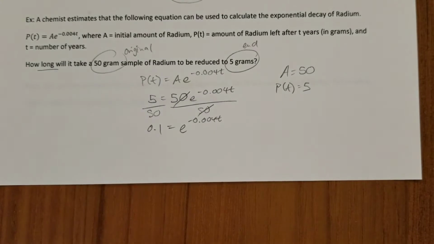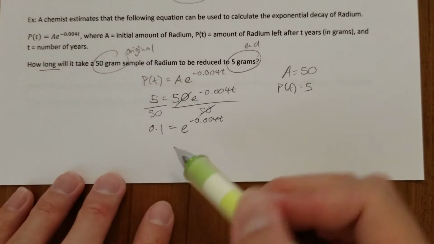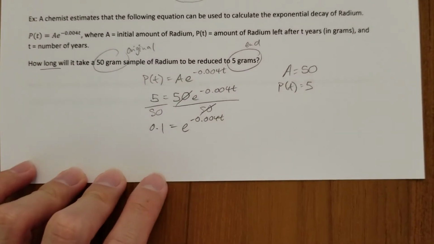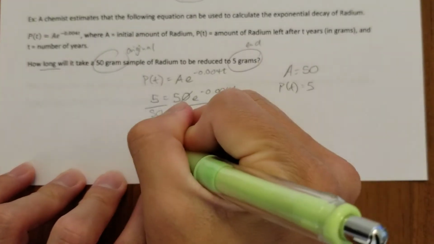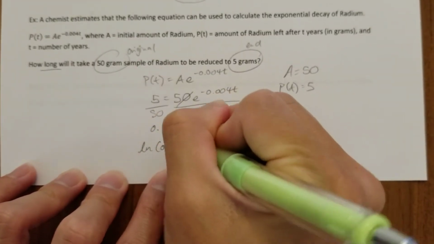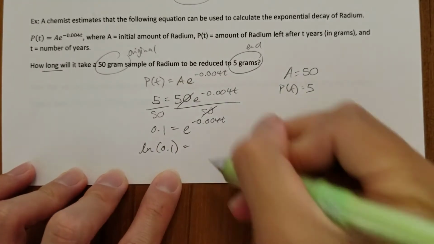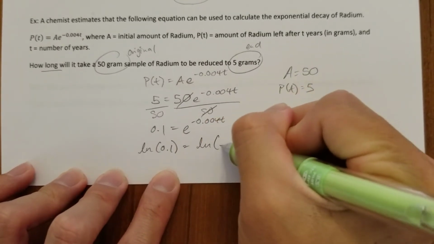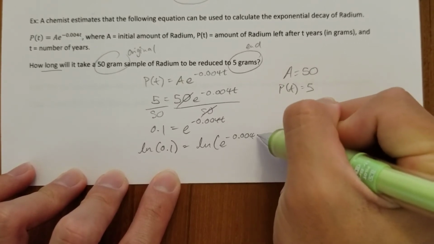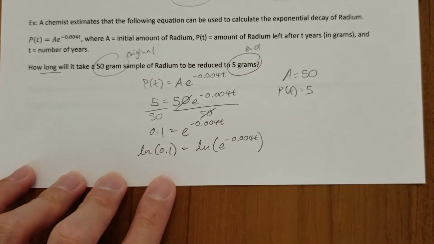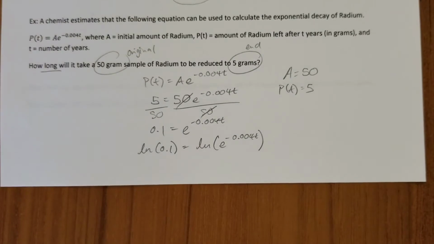Okay, now that we see an e here, this implies that we want to take the natural logarithm of both sides. So ln of 0.1 equals ln of e raised to the negative 0.004t.